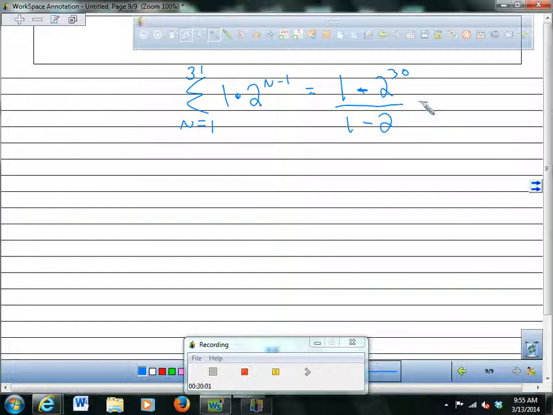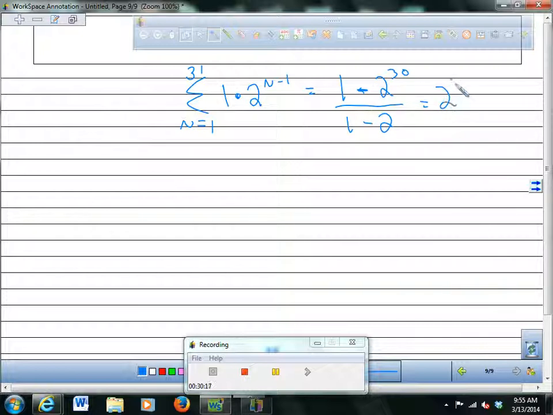So if I subtract 2 to the 30th power from 1, it's actually 1 less than 2 to the 30th power, because I'm dividing by negative 1.